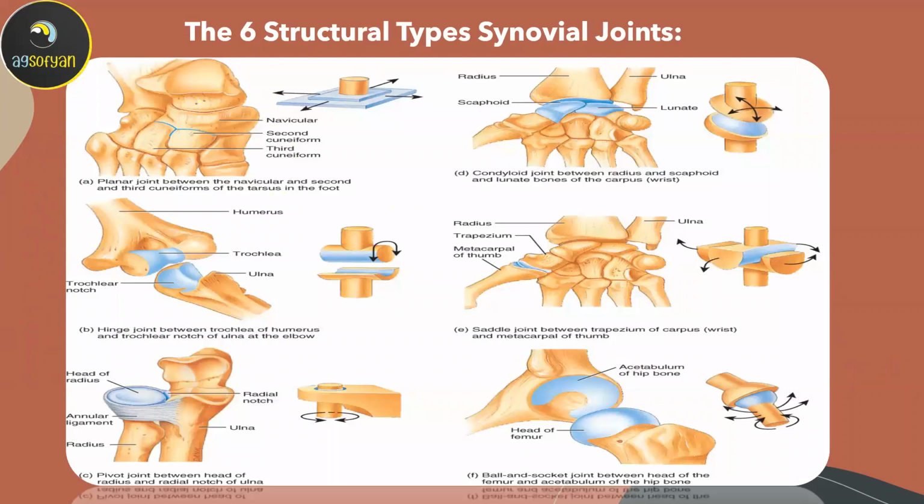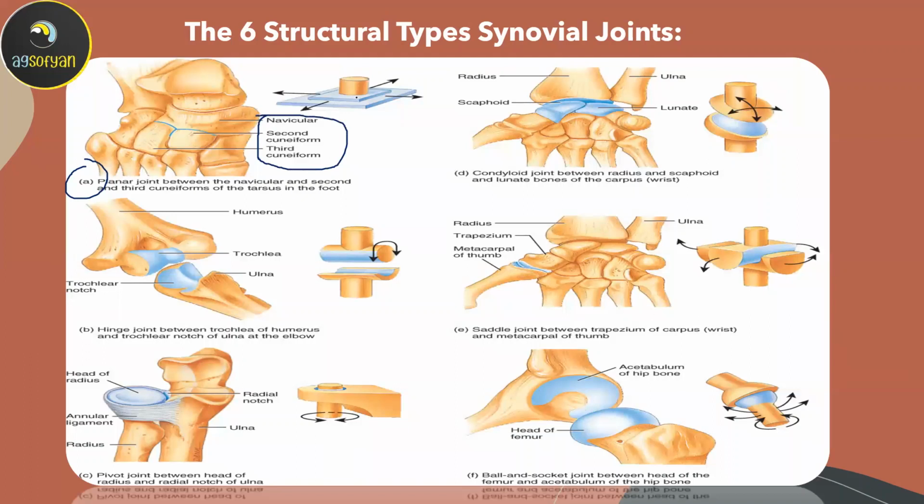Okay, so these are some locations of the six structural types of synovial joint. Again, the first one is the planar joint. An example is the joint between the navicular and the second and third cuneiform bones. Remember, this is located in the ankle.